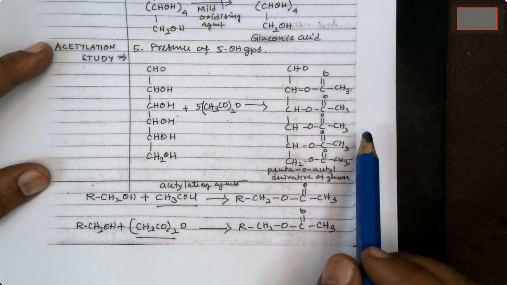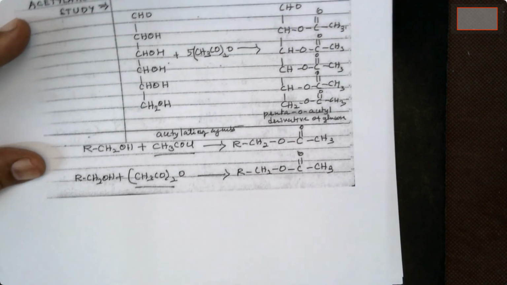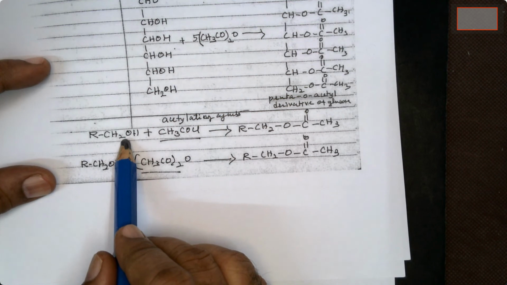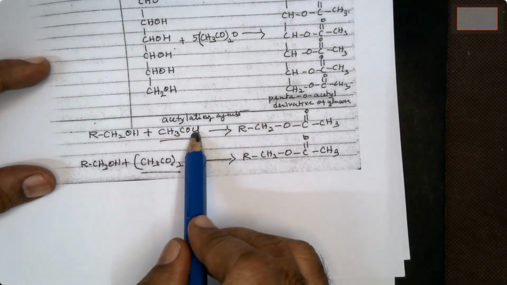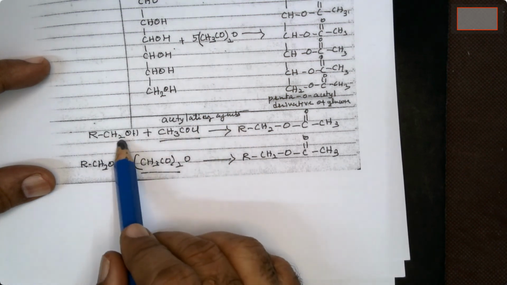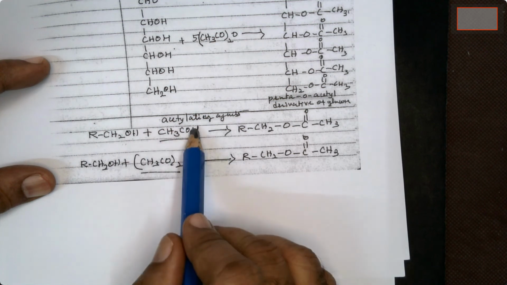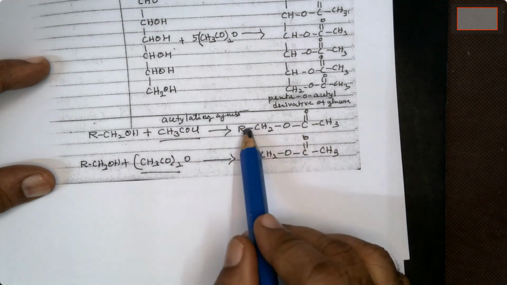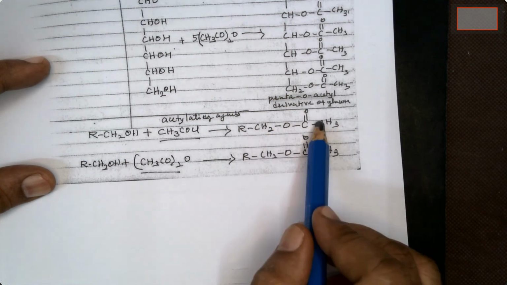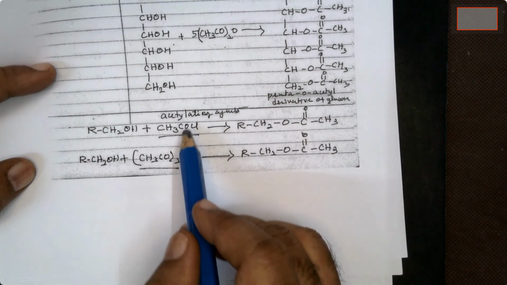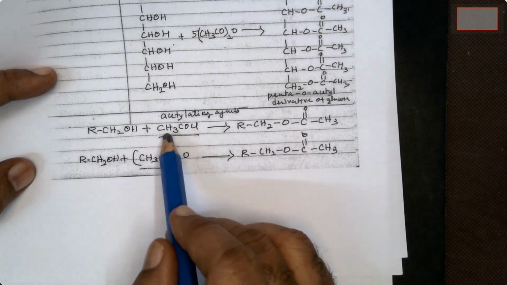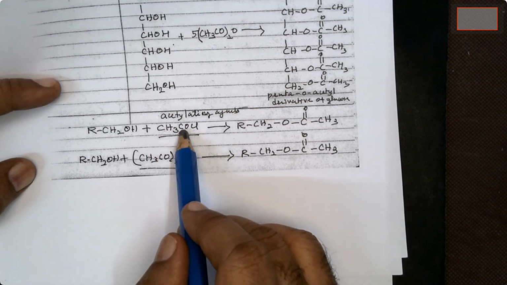For example, take an alcohol, RCH2OH, and acetyl chloride. This RCH2OH forms HCl, so that you get RCH2OCOCH3, an acetyl derivative. Are you able to follow? Instead of using CH3COCl, acetyl chloride, we can use acetic anhydride also.